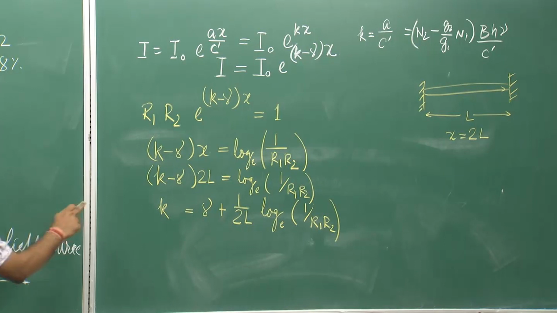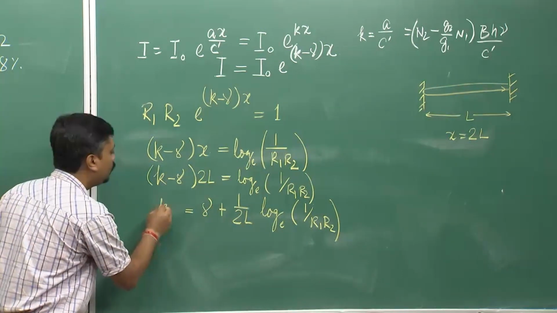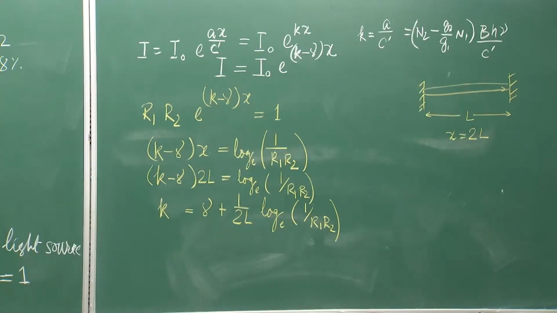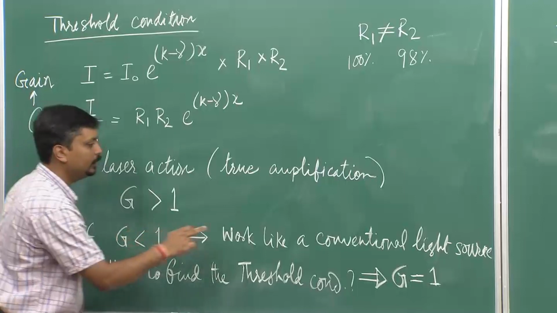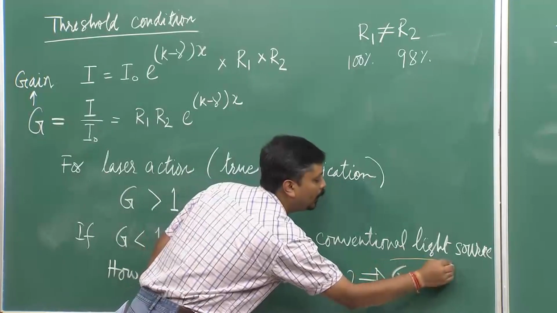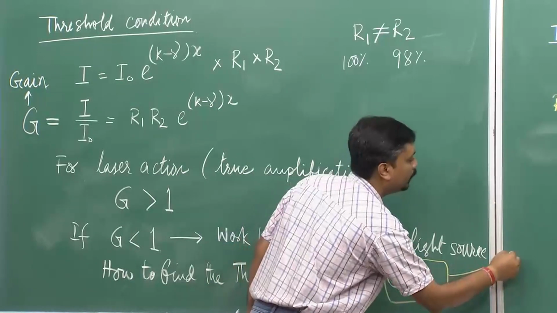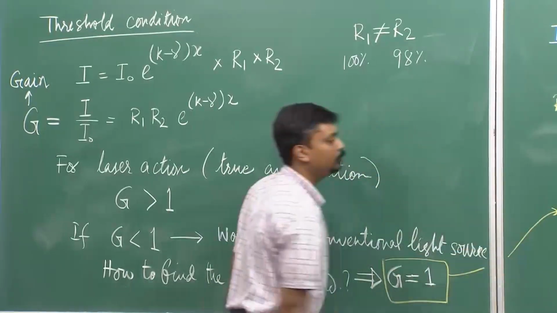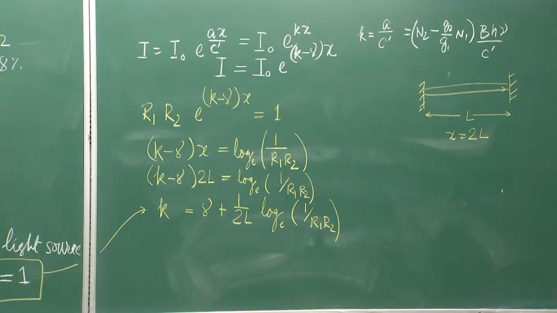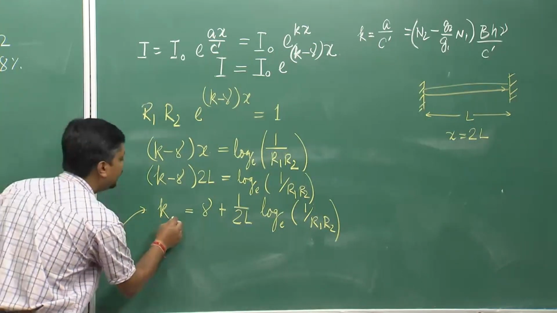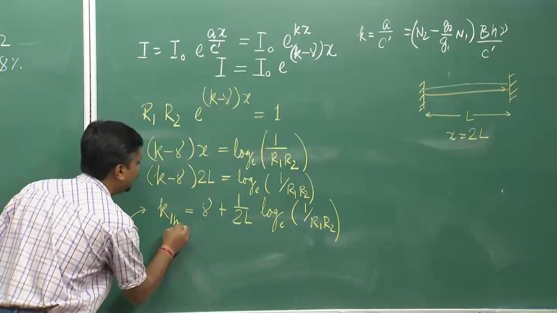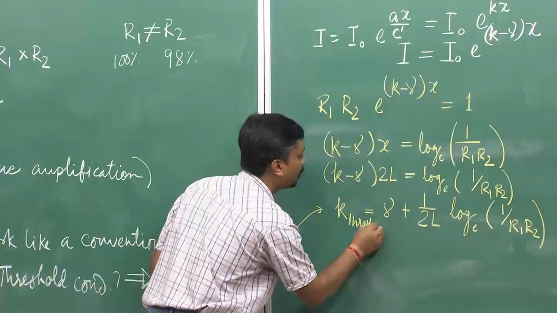Now, this k is a special k. Why? Because we obtained it by putting this threshold condition, that is g equals to 1. Okay. So, this actually led to this k value, right. So, I will specifically mention this one as k threshold, all right.